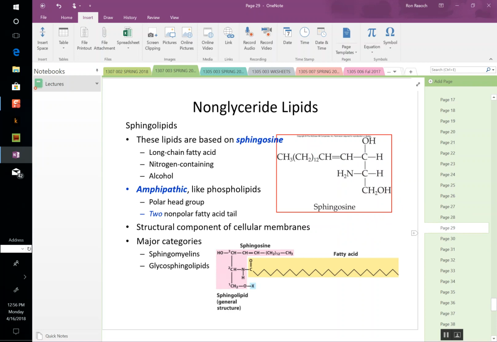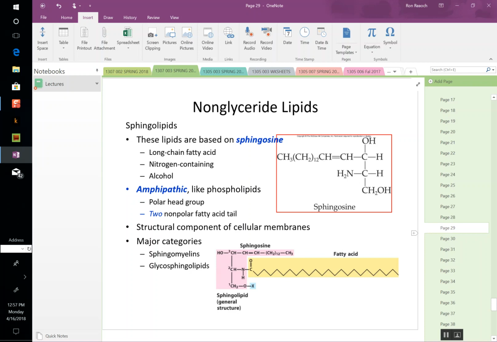Sphingolipids. All right, now you're not having a glycerol backbone. Here's your backbone. It's sphingosine. There is a fatty acid here, but it's bonded to the sphingosine with an amide bond, not an ester bond. And there's another non-polar group here, non-polar group here, and then you have this group here.